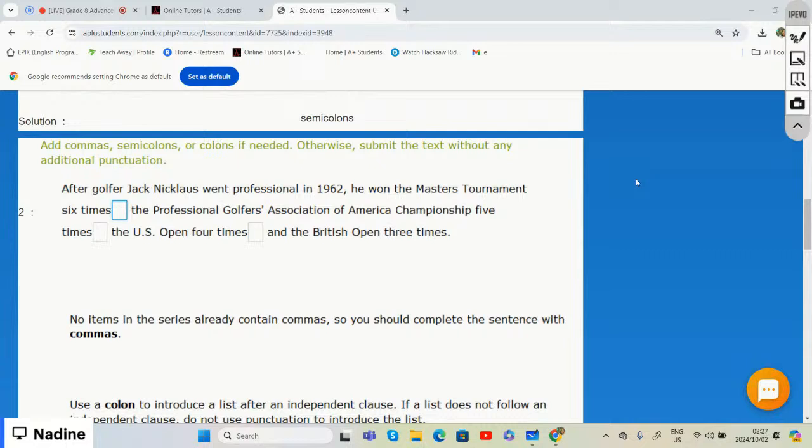What do you think we are going to add here? Are we going to add commas to separate the series? Are we going to add semicolons to separate the series? Or are we going to add colons? What are we going to add to separate those series? Commas, semicolons, or colons.